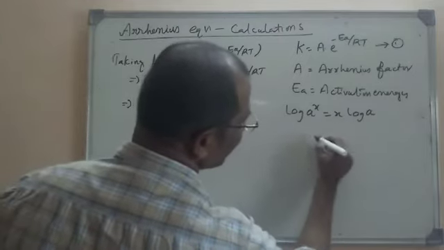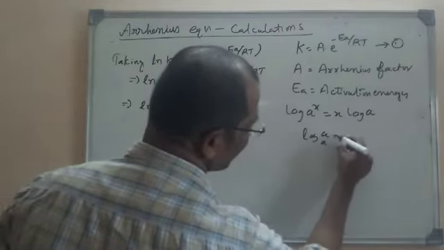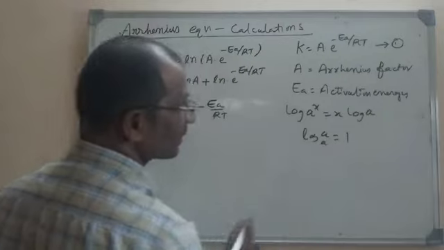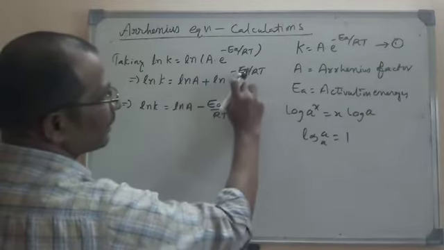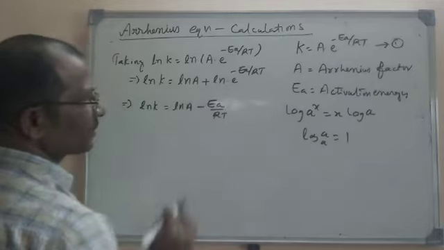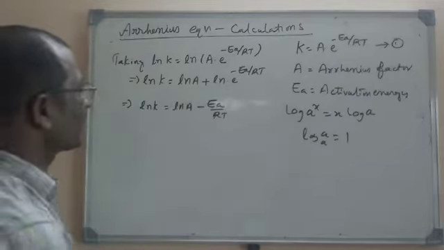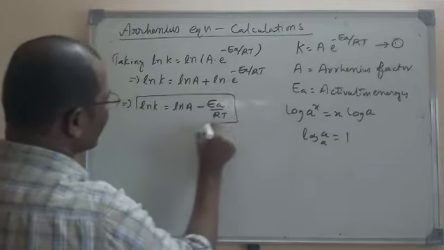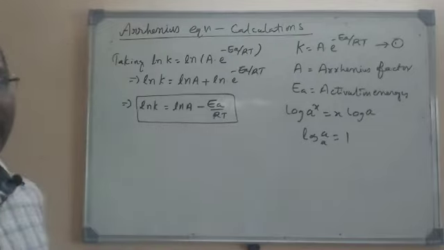Here a power x is minus Ea by RT, and log e to the base e is 1. So this is what we call the Arrhenius equation in logarithmic form, to the base e.